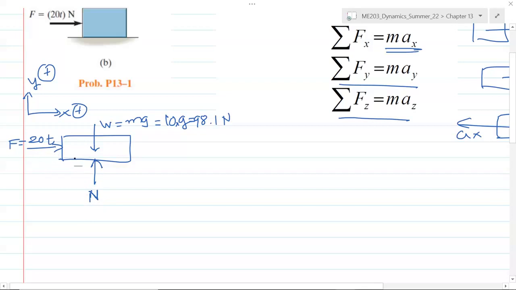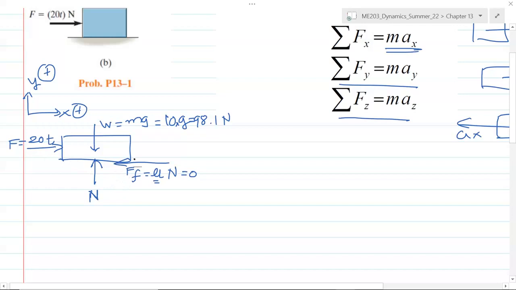Now this force moves the block in the right direction, and friction opposes that motion. So friction acts in the opposite direction, which is mu times normal force. In this problem, we have not been given the value of mu, so we can neglect the friction force, assuming that the applied force is much larger than the friction force.